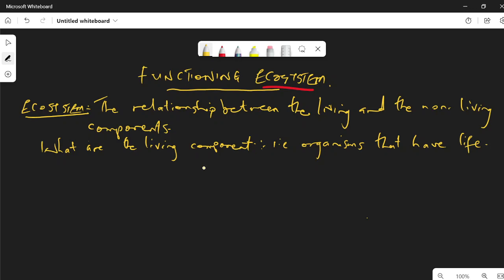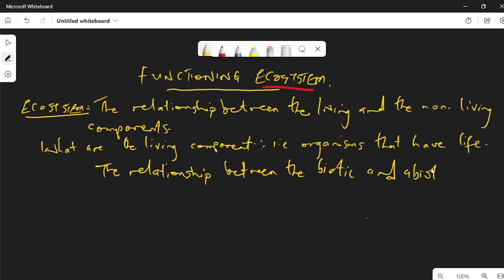So, in other words, I could refer to this definition of ecosystem as the relationship between the biotic and abiotic components.